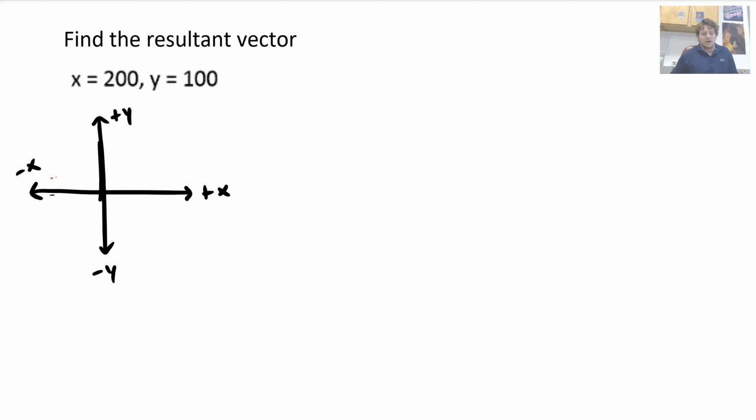So if x is positive 200, that means I have an arrow going to the right in the positive x direction that is 200 long. And then I have y in the positive 100 direction. So tip to tail, I have an arrow going up in the positive y direction that is 100 long. And notice I made these relative to each other. Roughly, the 200 is twice as big as 100, right? So the 200 vector should be twice as long as the 100 vector.